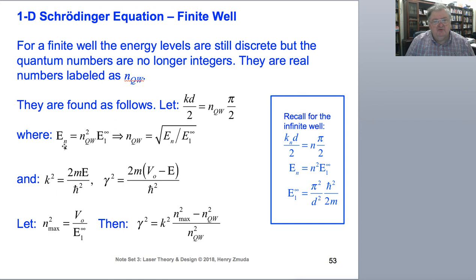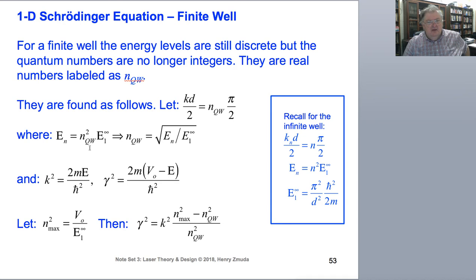The energy levels I'm looking for are going to be discrete, so I'll label them as such. I'll call them E sub n. And here was the case for the infinite well: E sub n was n squared times E1 infinity. Let me do a similar thing here. Instead of the integer n squared, I'm going to put n quantum well squared.